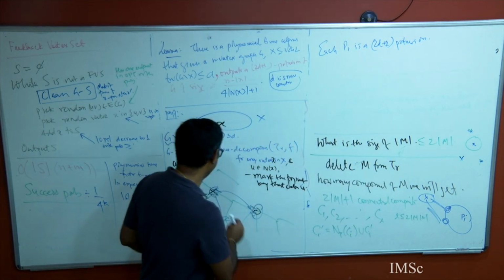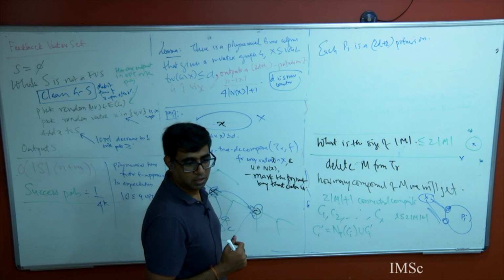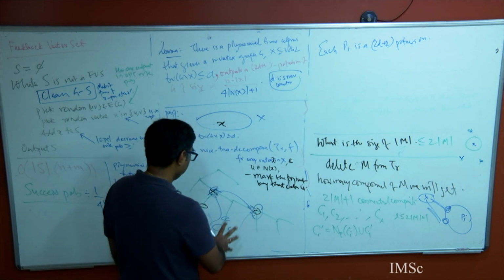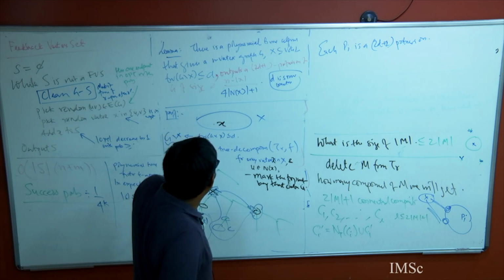Because if it is a tree with d, then the bag size is d plus 1, so 2D plus 2. Okay, great.